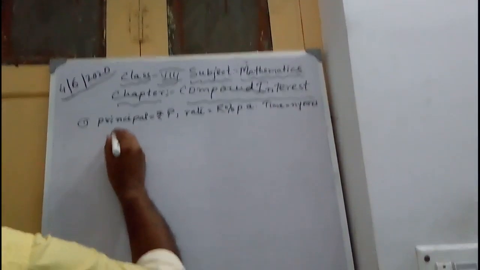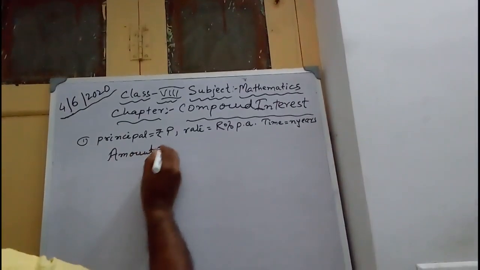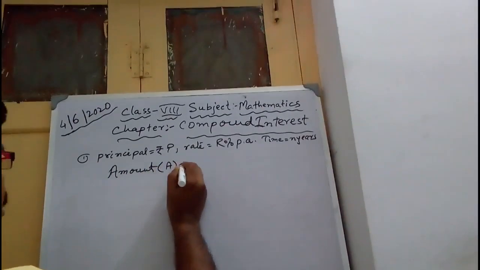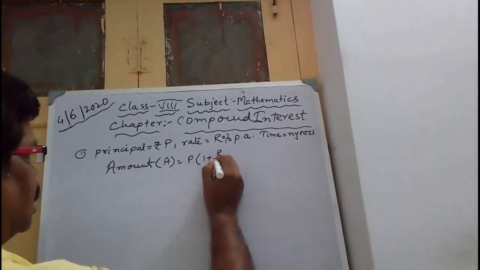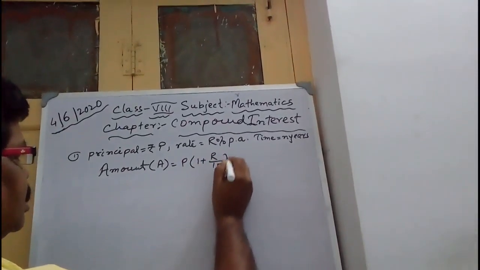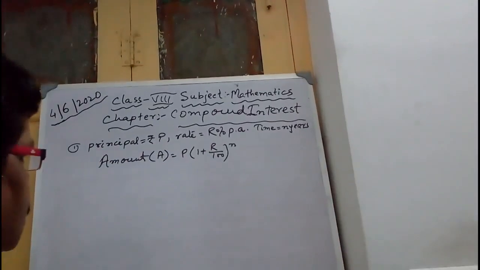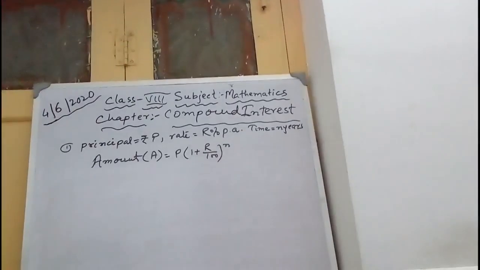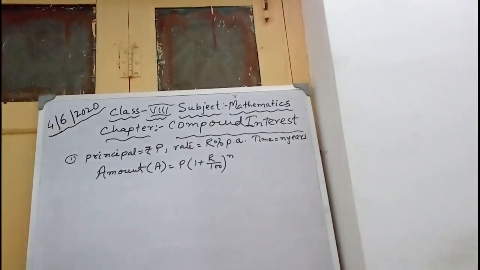Then amount equal to P(1 plus R by 100) power n. This is the formula to find amount when the interest is compounded annually. Then you find that amount by using that formula.